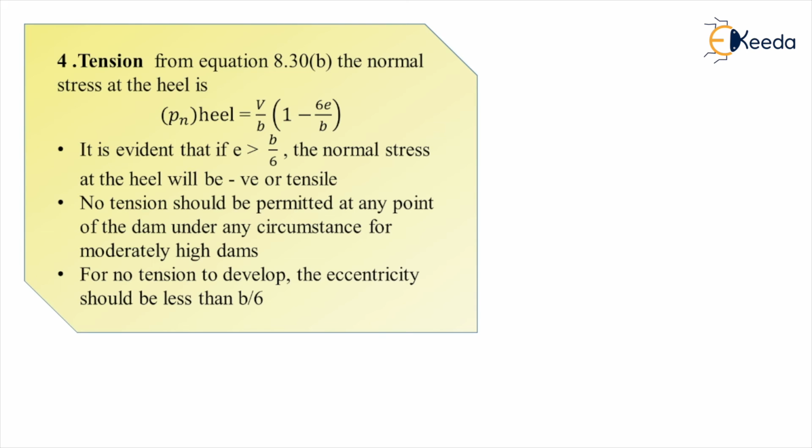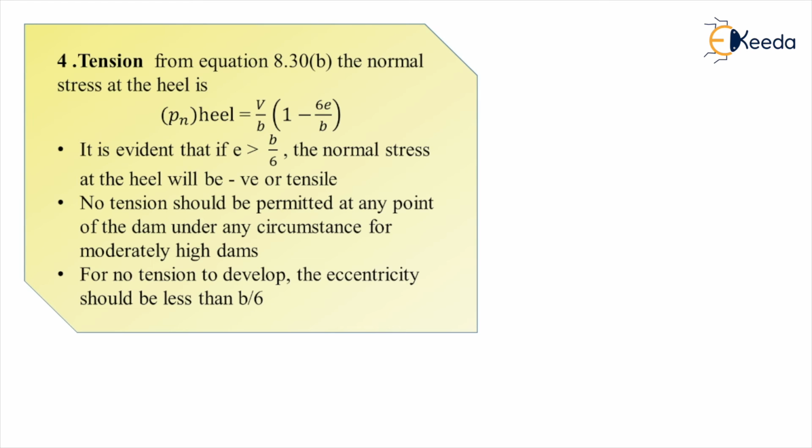According to the normal stress at the heel, the equation is vertical forces divided by the width, into bracket 1 minus 6 into eccentricity divided by the width. So it is evident that if the eccentricity is greater than B by 6, that is a condition.